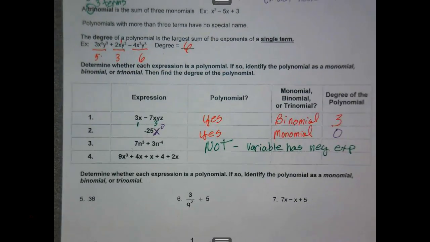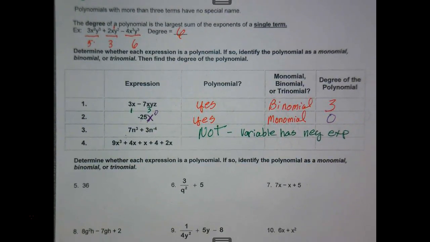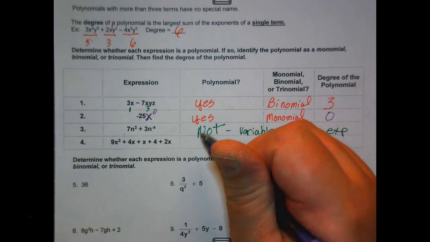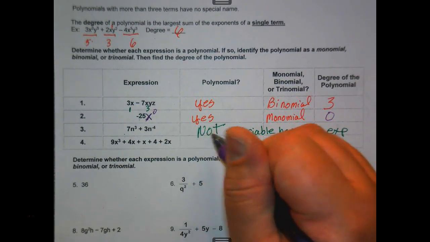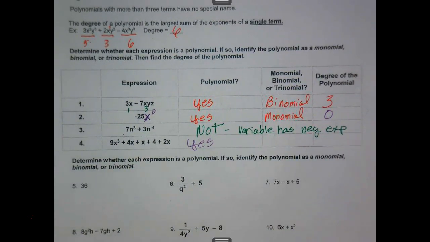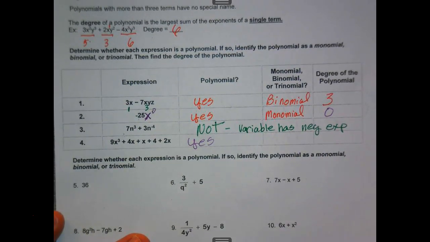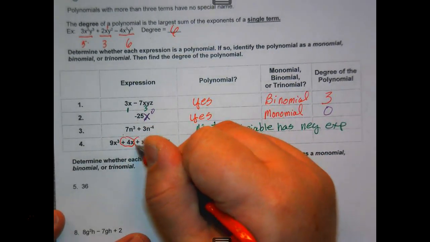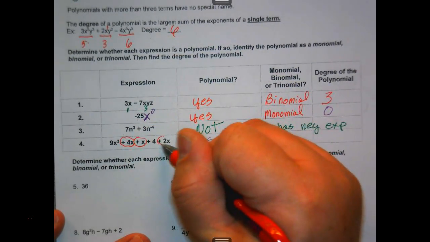Okay, number 4. Is this a polynomial? Yes. No variable has a negative exponent, nor is a variable a denominator. So this is a polynomial. What type? Be careful. Can I combine any terms here? I can combine the positive 4x plus 1x plus 2x.